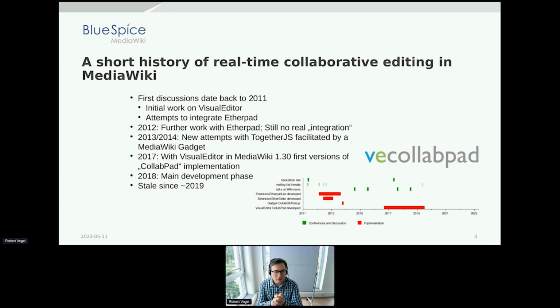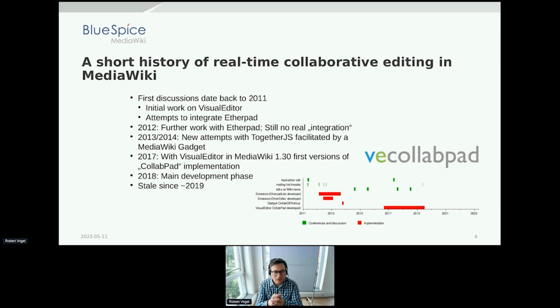And as wikitext itself is basically just text, the idea of real-time collaboration on wikis was already around in 2011. We can find the first traces there. It's not a surprise that this happens together with the initial work on Visual Editor.